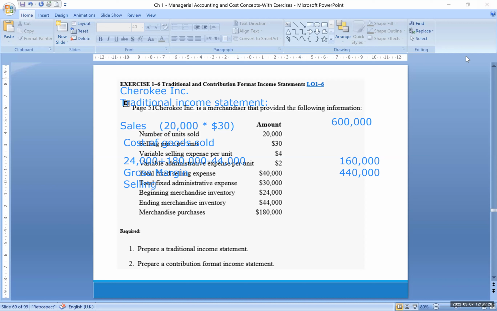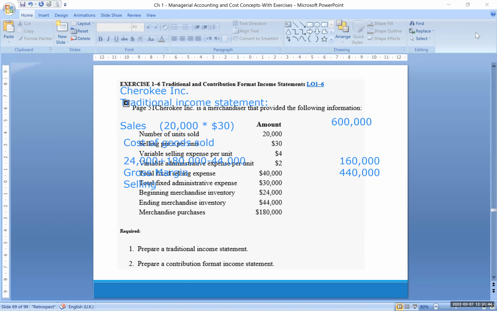We have fixed selling 40,000 and $4 per 1 unit sold. For the administrative, we have 30,000 as the fixed part and $2 administrative per 1 unit sold.